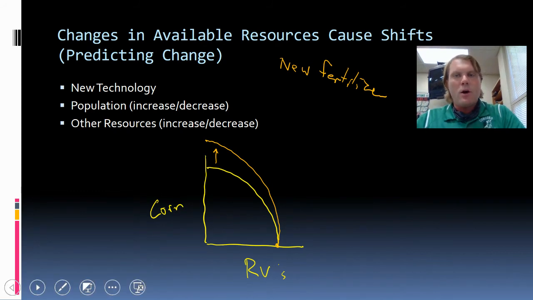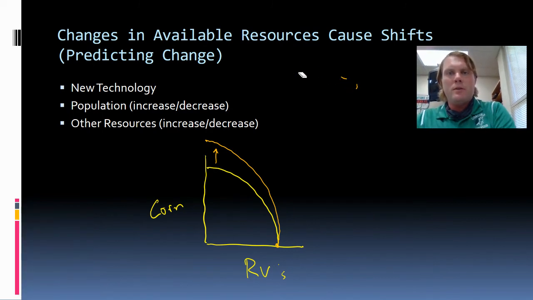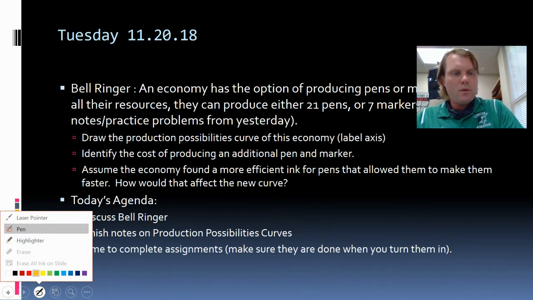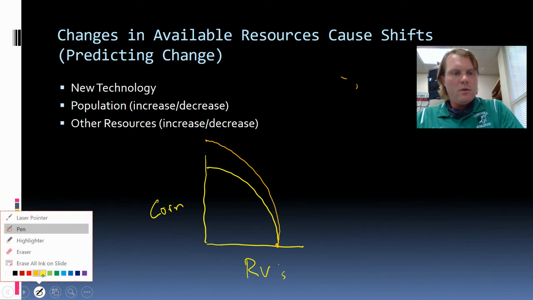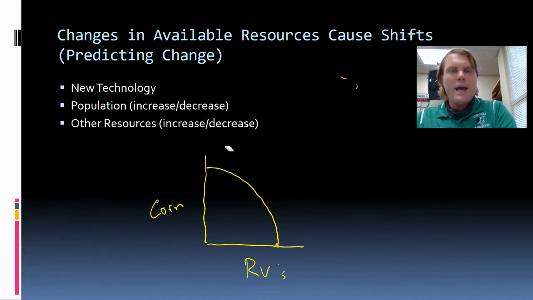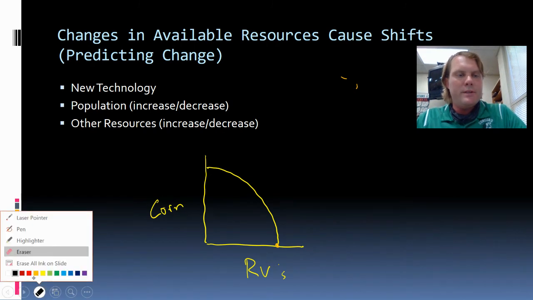All right. Let's talk about a couple other ones here, and then we'll be good for today. So we had the fertilizer. All right, let's say that we had an increase in population. So a baby boom maybe would be something that we would be able to add to it.